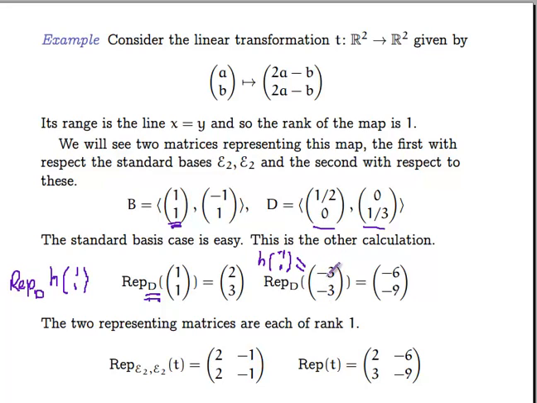You can again verify that to represent this vector in terms of this basis, you need (-6, -9). So the representation of H with respect to the B, D bases is equal to (2, 3) as the first column and (-6, -9) as the second column.